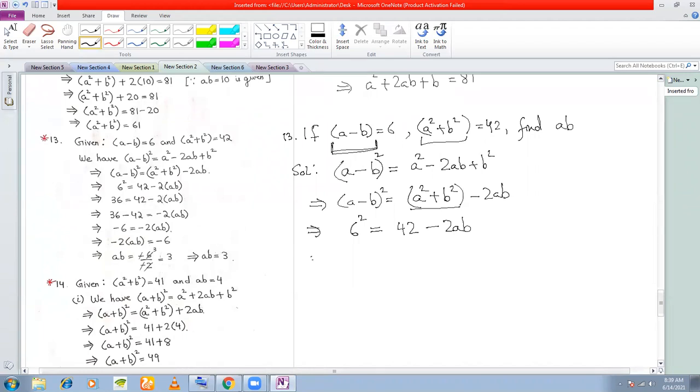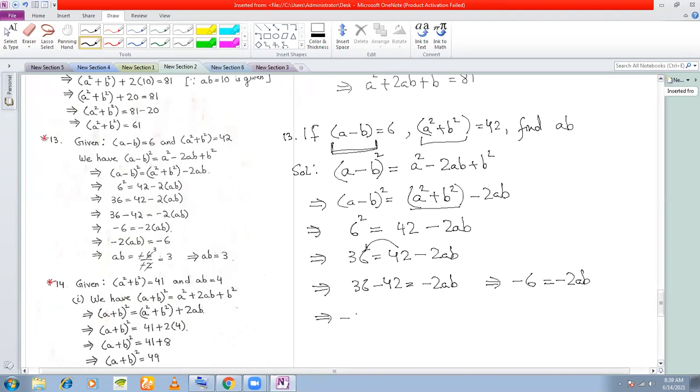Okay. Now we just solve this equation. 6 square is 36 is equal to 42 minus 2ab. Now what you do is you take 42 this side, 36 minus 42 is equal to minus 2ab. That means 36 minus 42 is minus 6 is equal to minus 2ab.